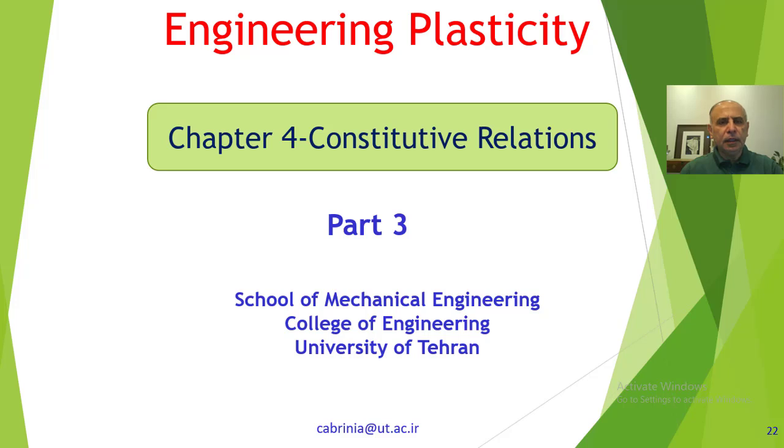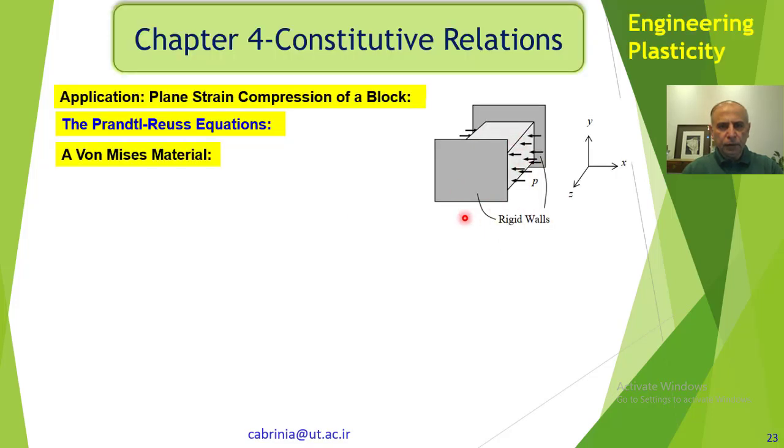Engineering Plasticity, Chapter 4, Constitutive Relations, Part 3. We solved this problem for a block which is under pressure P. These are the X, Y, Z axes, and we have these rigid walls which prevent this block from moving in the Z direction, but it is free to move in the Y direction.